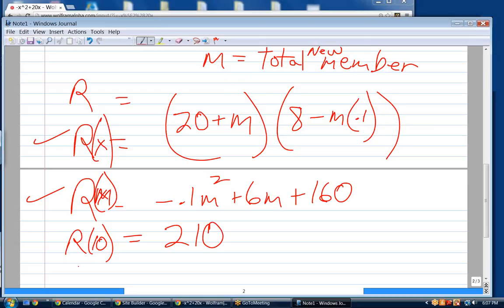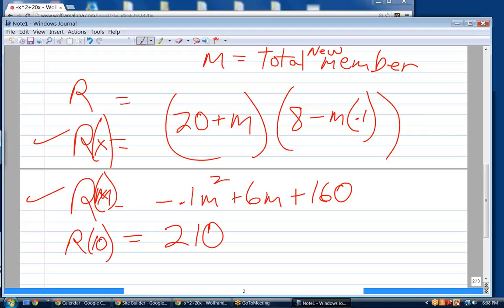Okay, and after the R of 10, where is the maximum? One second. Plot that on your calculator and figure out where the maximum is. I'm doing it. The window is fighting me. Okay. And we need the x coordinate and the y coordinate of that maximum.